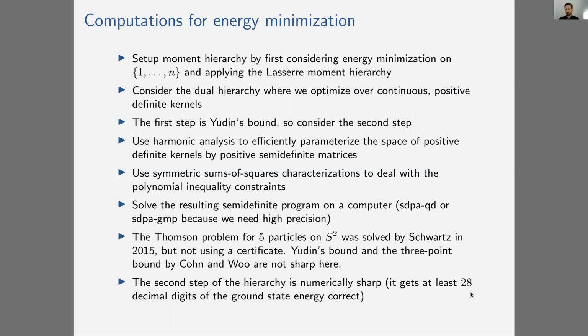Of course, it is numerically sharp, but it's not yet a proof that this is sharp. Together with Maria Dostert and Philippe Moustrou, we have a paper where we talk about rounding the floating point output of a semidefinite program to exact rational numbers or exact numbers in a number field. And Philippe will talk about it tomorrow, I think.